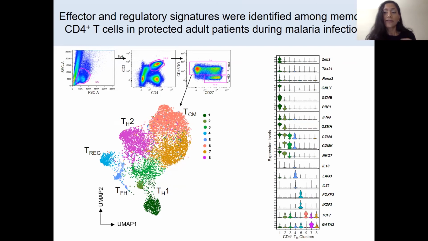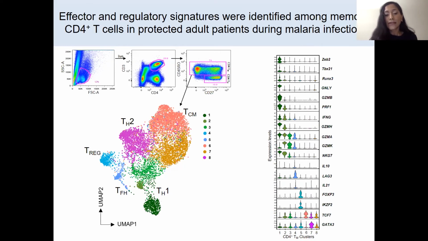And what we found is that there are subpopulations of memory CD4 T cells that have regulatory capacity. We have those that have Th2-like function as well as central memory characteristics. But importantly, what we found is a population of cells that have an effector-like phenotype.